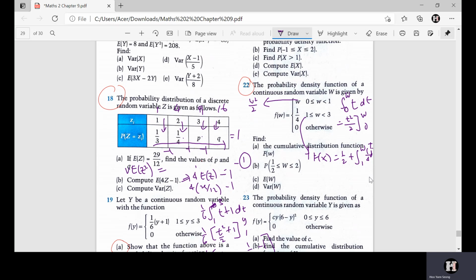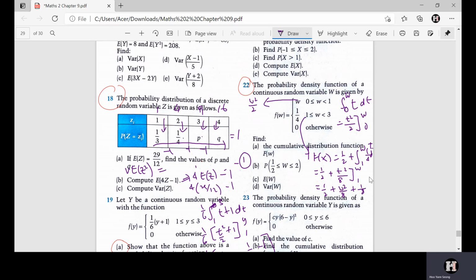So this one actually is 1 over 4 plus t squared over 8. Substitute w and 1. So finally you have 1 over 2 plus w squared over 8, then plus 1 over 8.